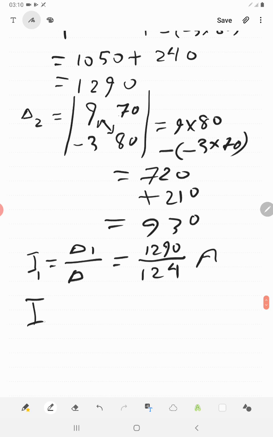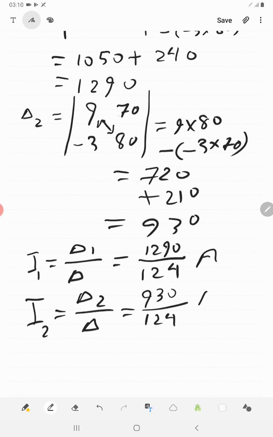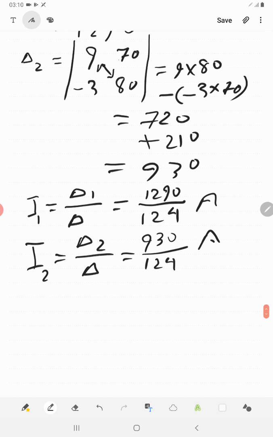And I2 is equal to delta 2 divided by delta, which is 930 divided by delta, in amps. Once you determine I1 and I2, you say I 3 ohms equals I1 minus I2.